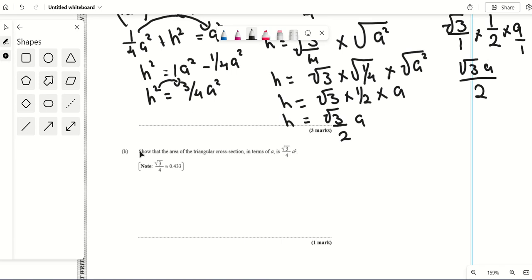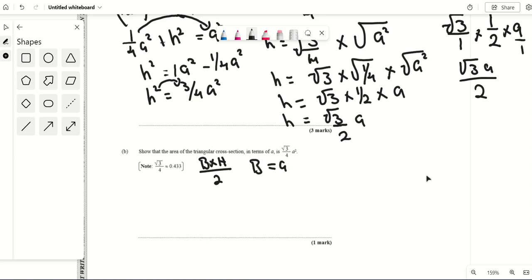Right, so now let's do the next part. It said show that the area of a rectangular cross section in terms of a is 3/4 a squared. Now, if we recognize that area of a triangle is base multiplied by height, all divided by 2. Your base in that triangle is a.